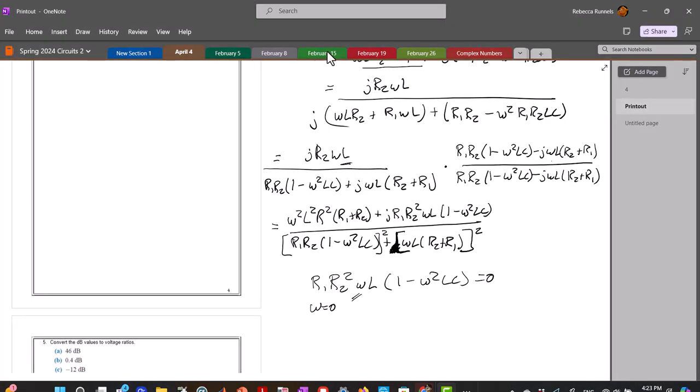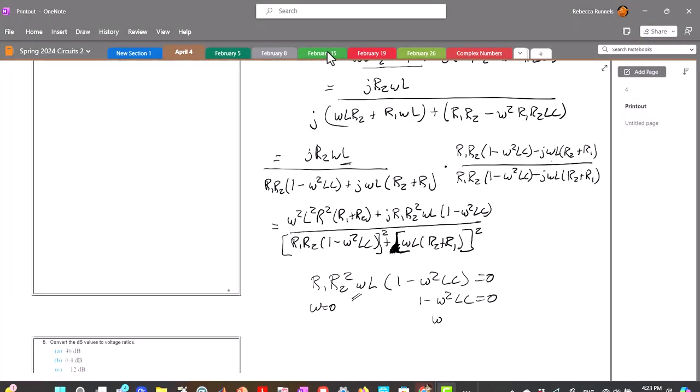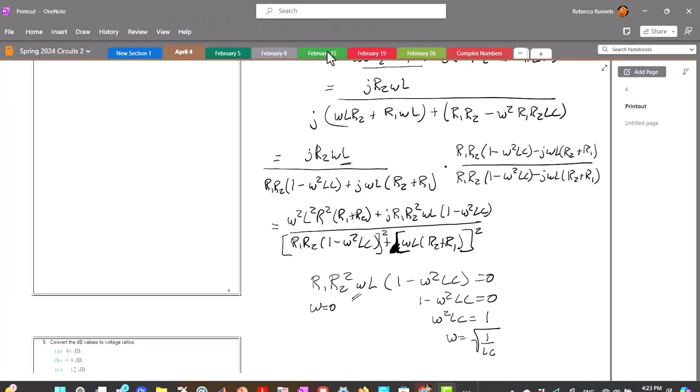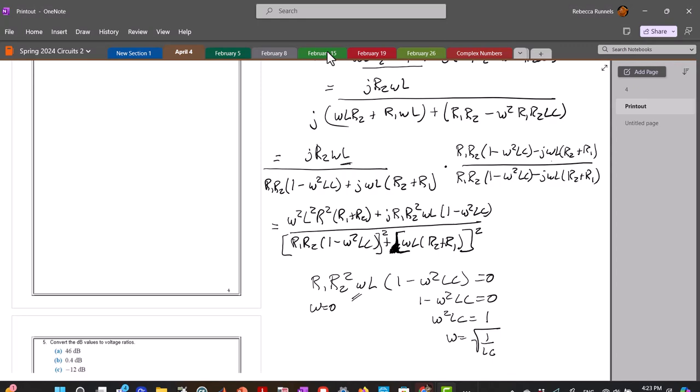That's trivial, so that's not useful. From this part, 1 minus omega squared LC equals 0, so omega squared LC equals 1. Omega equals the square root of 1 over LC. And isn't that what we just found a moment ago? It sure is, yep. So it is still the resonant frequency for a parallel RLC circuit.